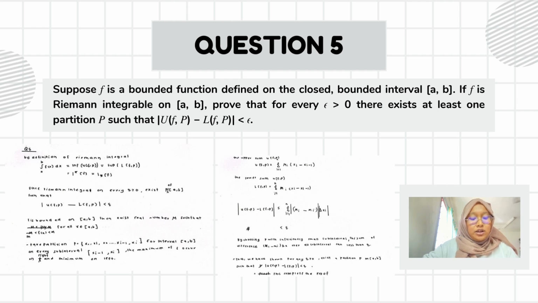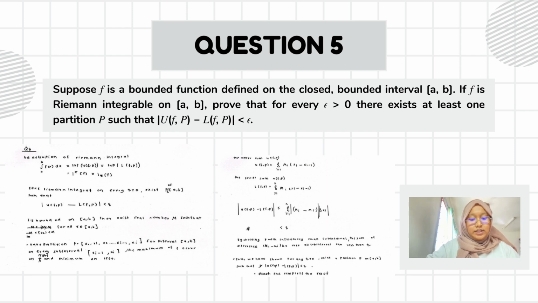Then for the upper sum U(f, P), which is the sum of the products of the length of each subinterval and the maximum value, we get U(f, P) equal to the summation of Mi multiplied by (xi minus x(i-1)), and similarly the lower sum L(f, P) is equal to the summation of mi multiplied by (xi minus x(i-1)).